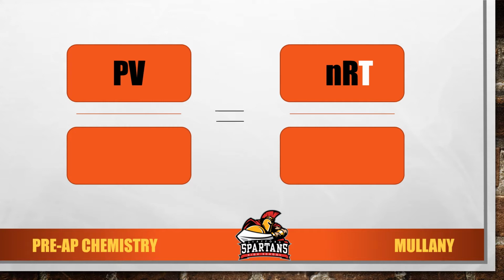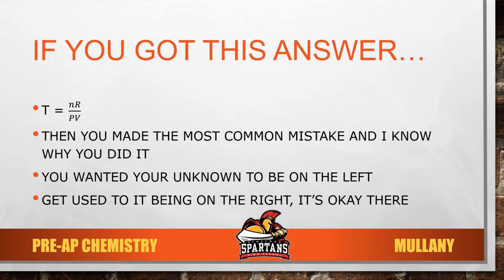In the meantime, welcome back. You have solved for T, and if your T answer is T equals nR over PV, you got it wrong. But the good news is, if you got it wrong, then I know why you got it wrong, and we can fix it.